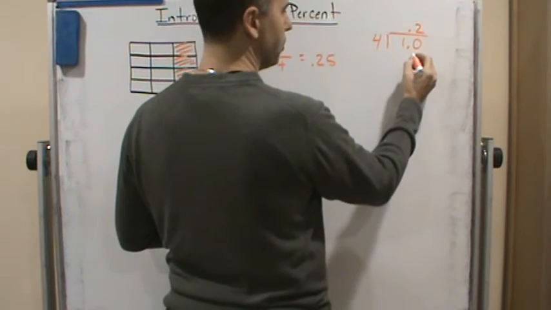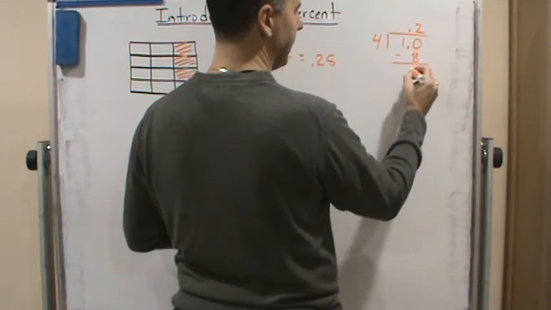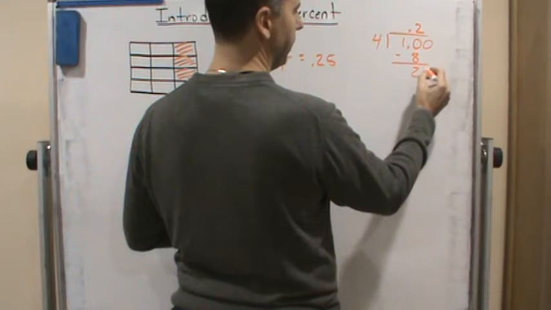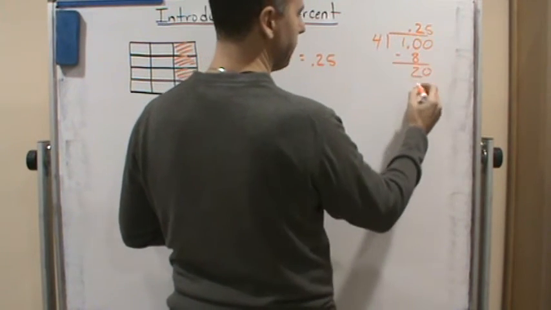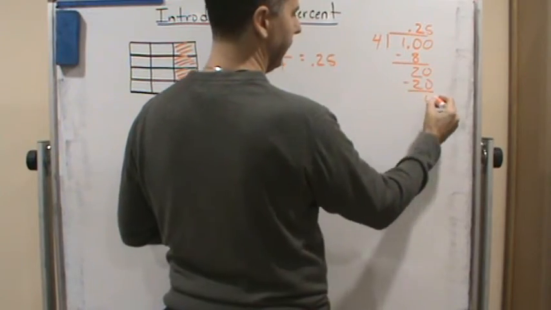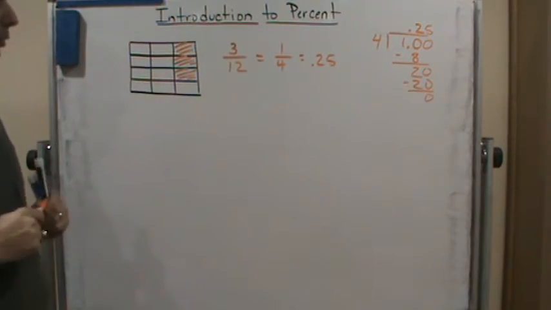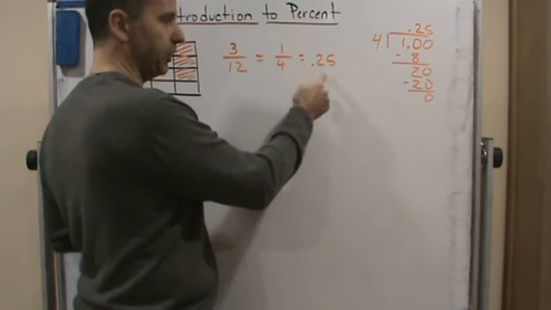And then 4 times 2 is 8. If I subtract, I get 2, and then I drop down another 0, and I get 5, and 4 times 5 is 20, and I'm done. But this is one of those common fractions you should know.